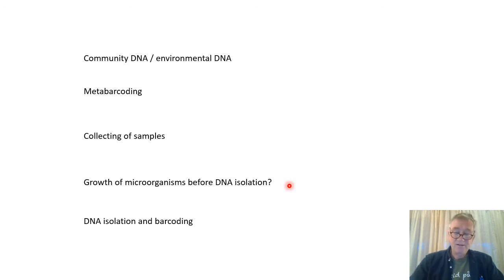In this case, we have chosen to do some growth. Of course, in this compost sample, it could be possible just to start DNA isolation right away, because there is a lot of bacteria there. And in the keyboard situation, I don't know if it could be possible to isolate DNA, but the best is to start some enrichment procedure.